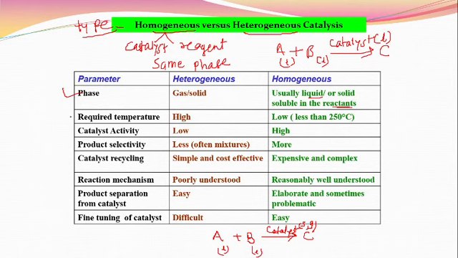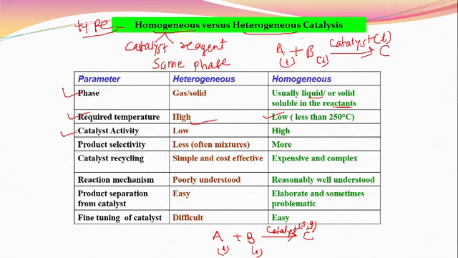Next, for heterogeneous catalysis the required temperature is very high, and for homogeneous it requires a very low temperature, less than 250 degrees Celsius. Next, catalytic activity.